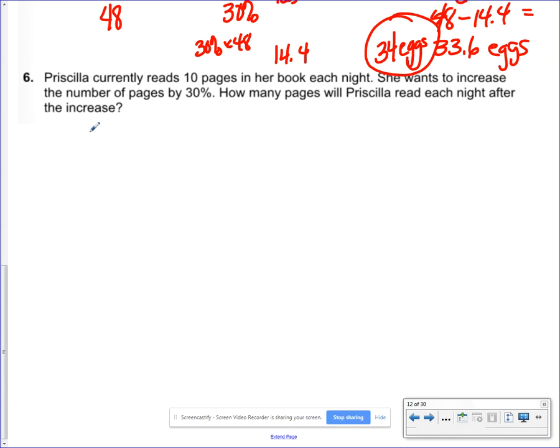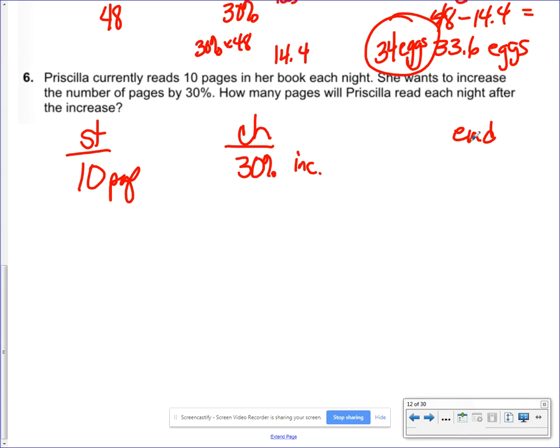Last one, starting number for Priscilla. She reads 10 pages in her book each night. Wow, she's pretty disciplined. I'm going to read 10 pages. Then here's what's going to happen. She's going to change by a 30% increase. Okay?